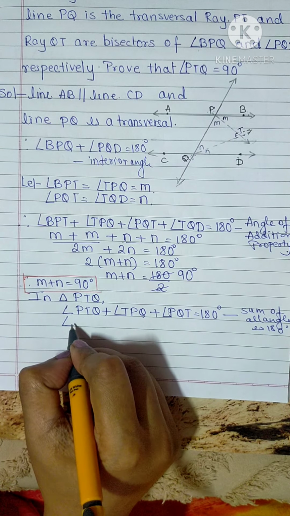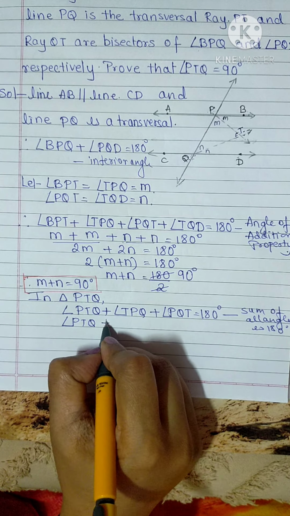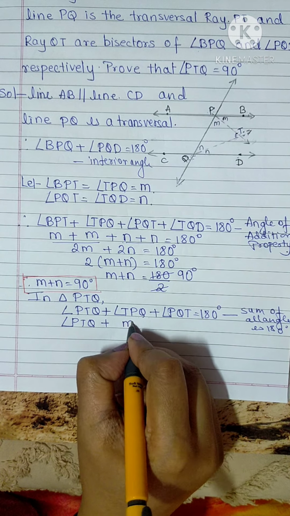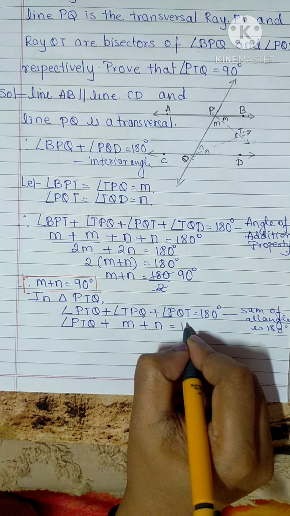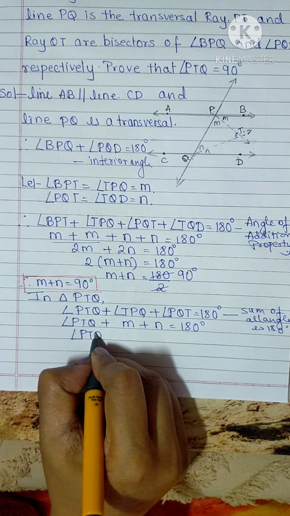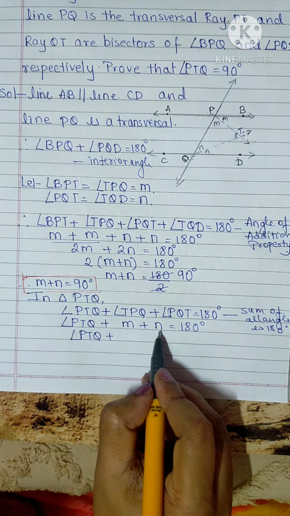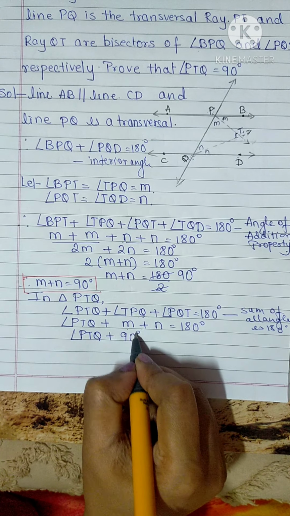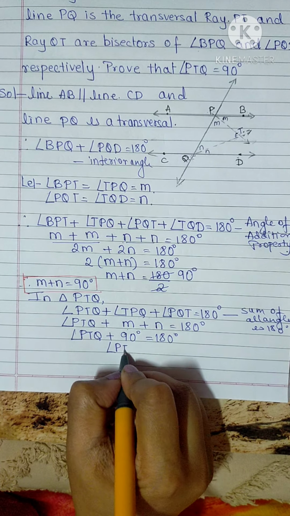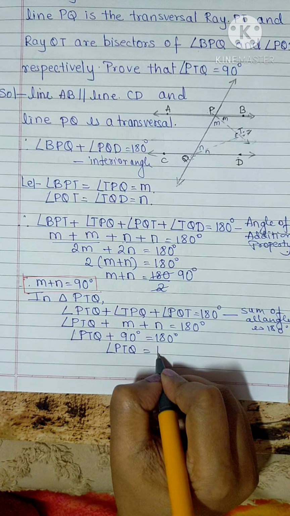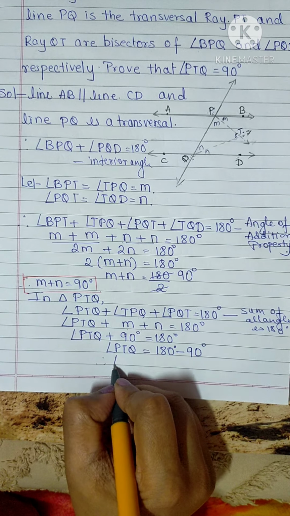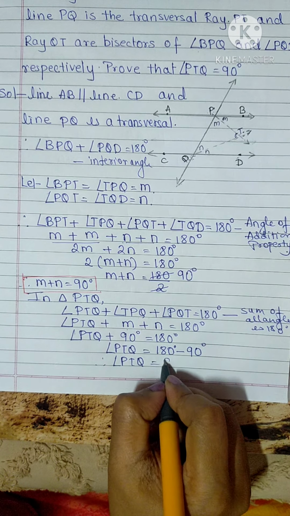Now angle PTQ we don't know, plus TPQ plus PQT is M plus N. Now we'll write angle PTQ plus, in the place of M plus N, 90 degrees will come, equal to 180 degrees. Now angle PTQ is equal to 180 degrees minus 90. So therefore angle PTQ equal to 90 degrees.